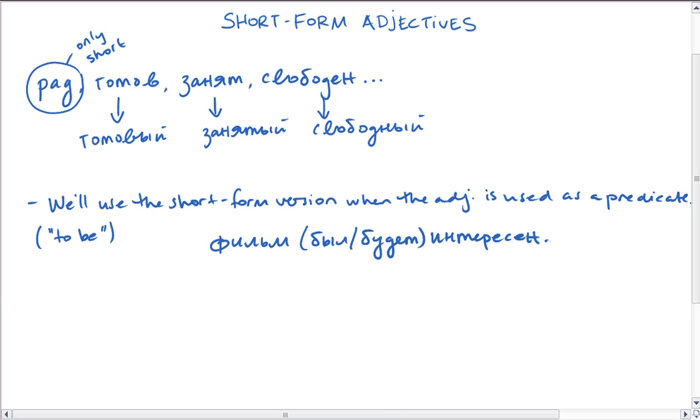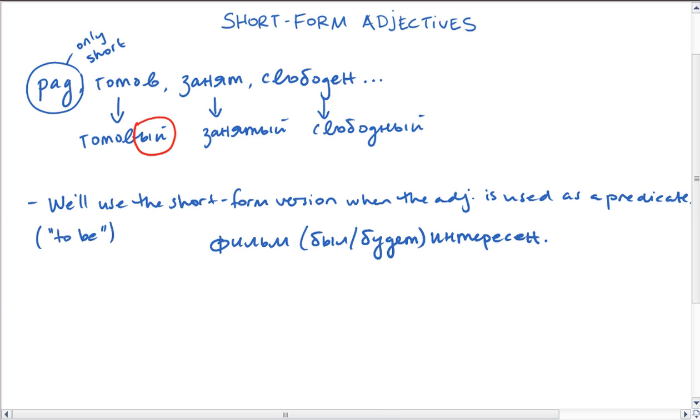So we'll talk more about when to use them, but I just want to explain first how we form them. So we can see up here that we pretty much are removing the ending, that adjectival ending, to get our masculine version.